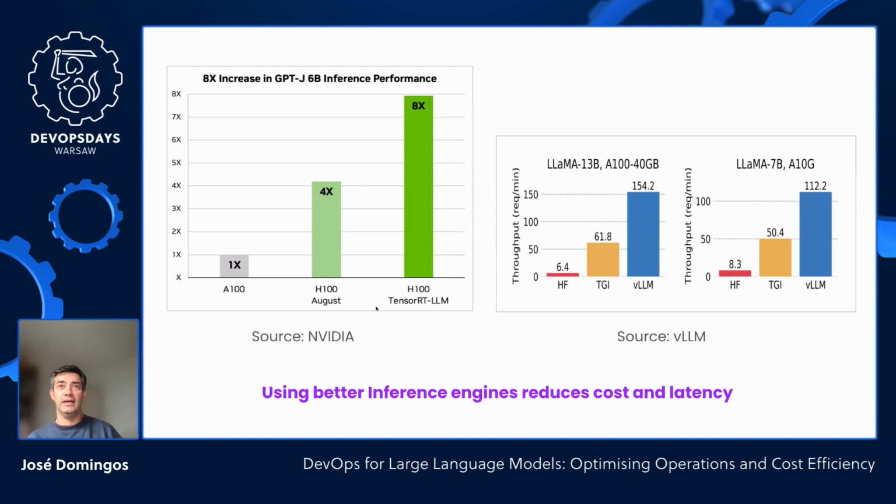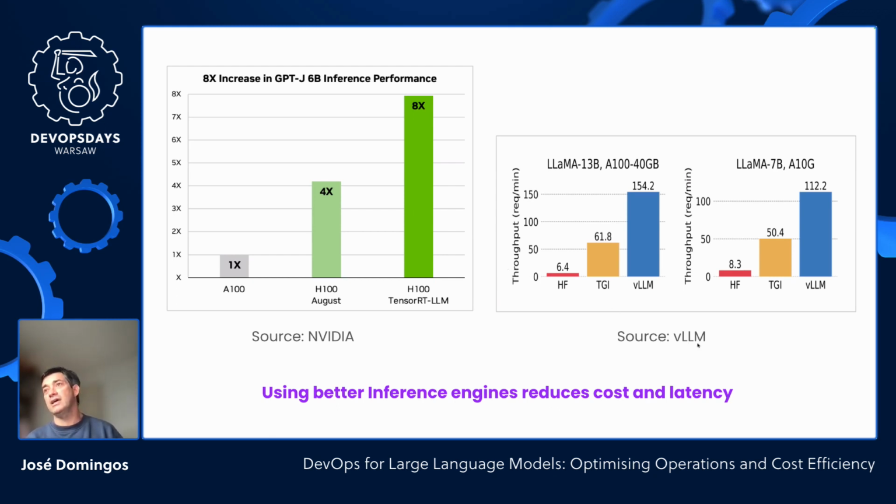So this is TensorRT from NVIDIA. As you can see here in LLMs, an H100 compared to an A100, you see already 4 times the performance. This is a massive leap, and this is why everyone's getting excited about H100s. But now, if you have a better inference engine, you can see twice the performance from an H100, so another doubling of the performance.